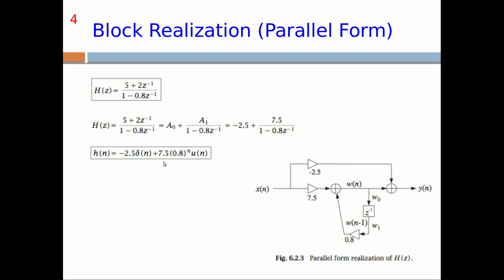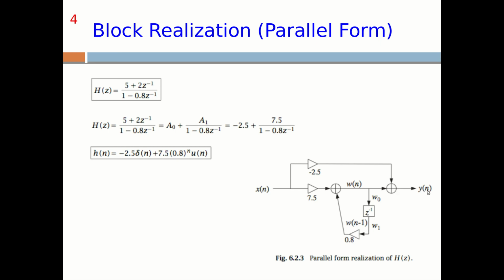So first, given an input x(n), we multiply it with -2.5 and then again scale it with 7.5 and then introduce time delays to it. So first it would be delayed by 1 second, which would be summed up here, and then again by 2 seconds, 3 seconds and so on. And thus all these terms are summed up with -2.5 times x(n) to give the output y(n).